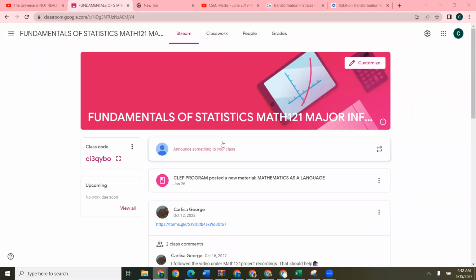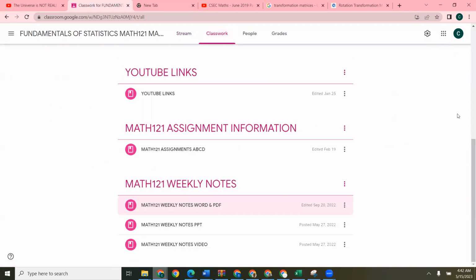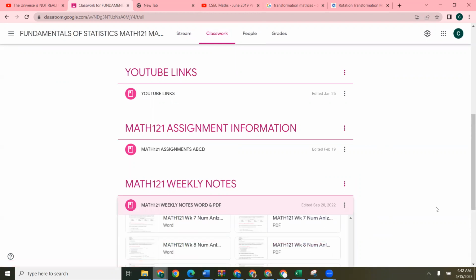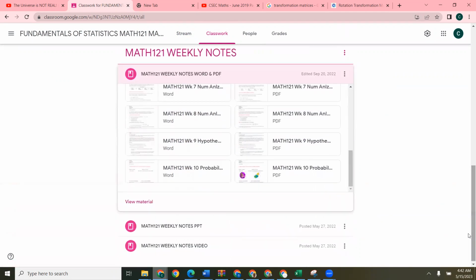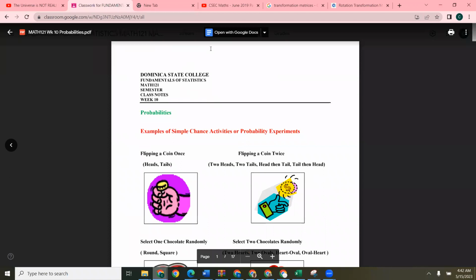To access unit 10 or weekly notes number 10, we go to CI3QYBO, we go to classwork, and then we go to weekly notes. We can access the PDF format, but you also have the Word, the PowerPoint, and the video format of weekly notes number 10.